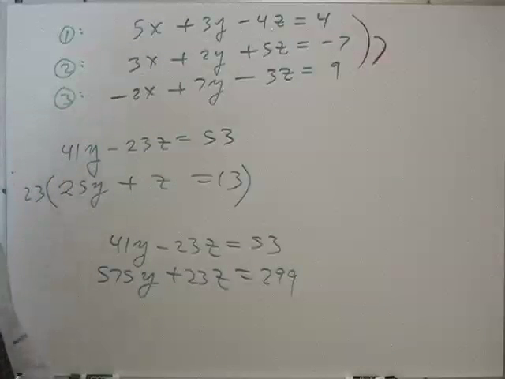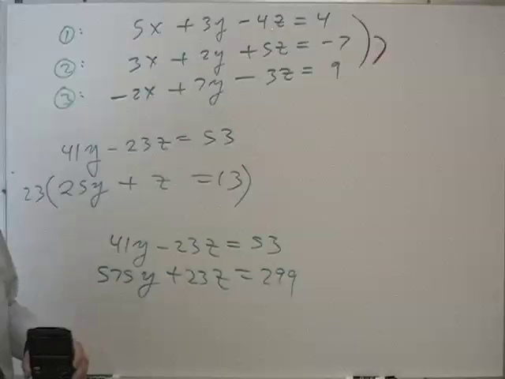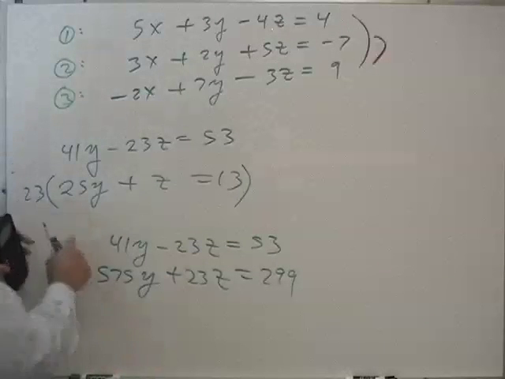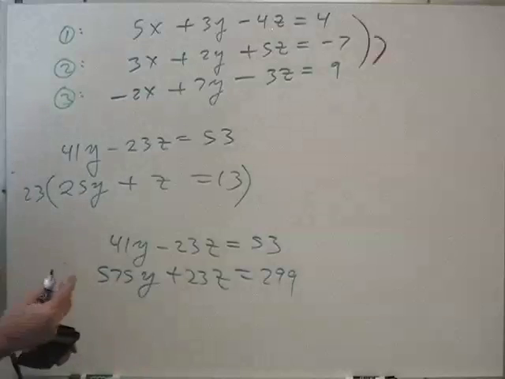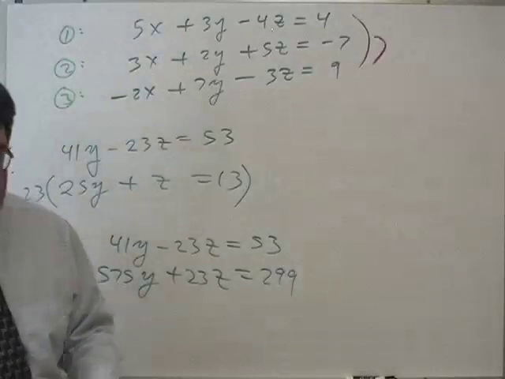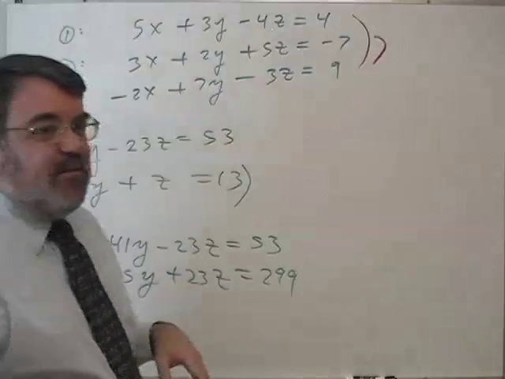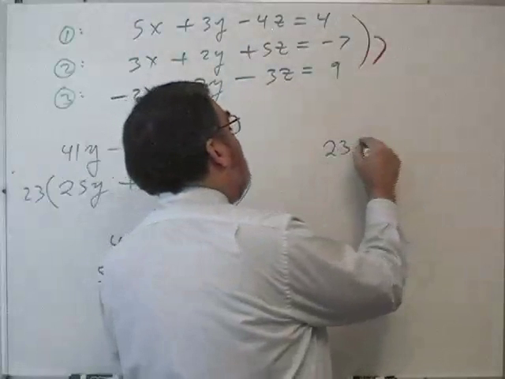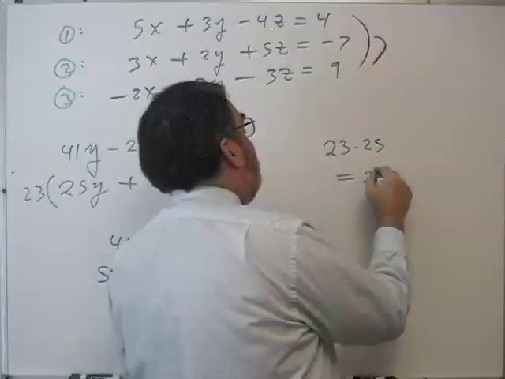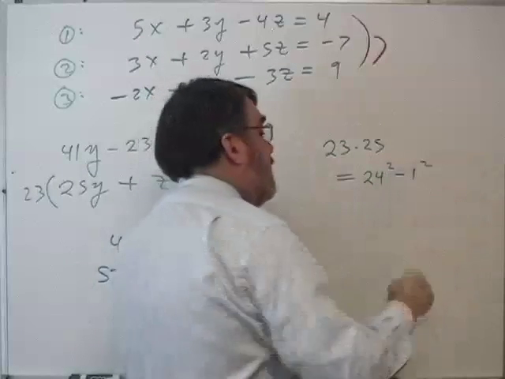Now you might wonder, how come it was harder for me to multiply 23 times 13 than it was to multiply 23 times 25 in my head? And it's algebra. I know that 23 times 25 happens to be 24 squared minus 1 squared.